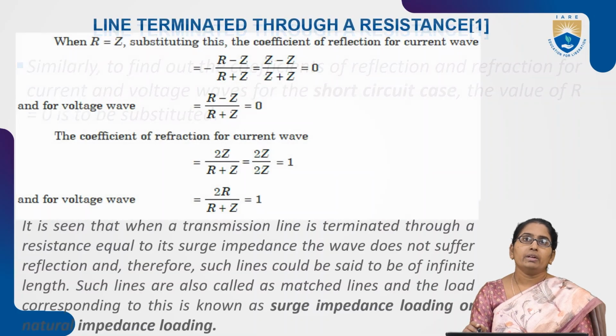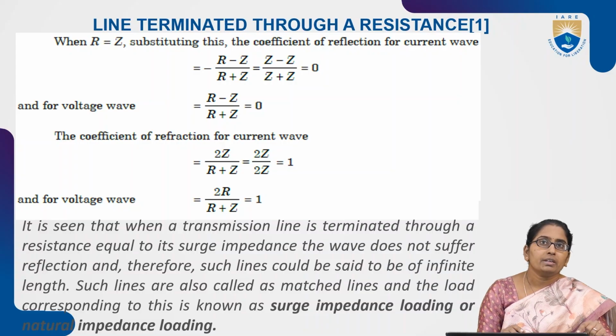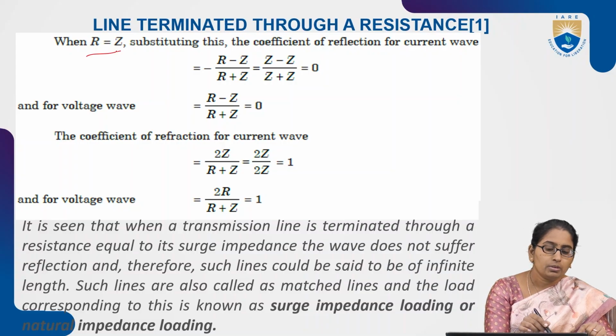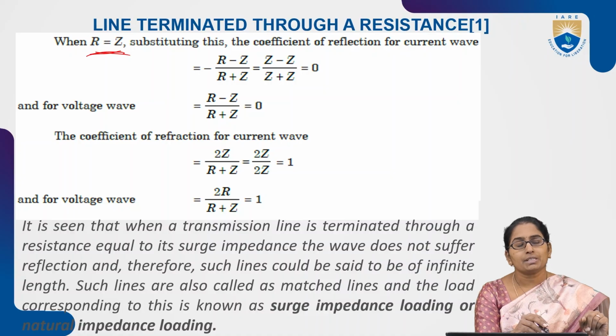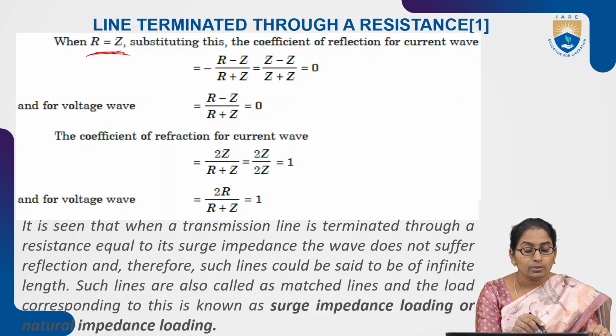Next, when the line is terminated with a resistance value equal to the natural impedance, that is, R is equal to Z, substitute this in the equations.